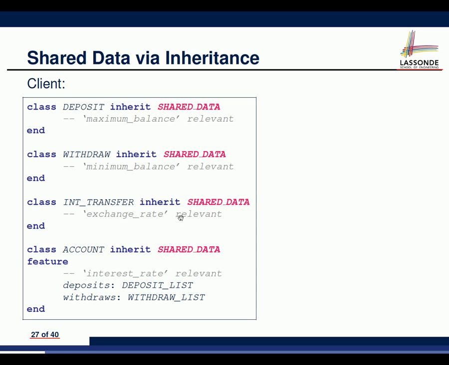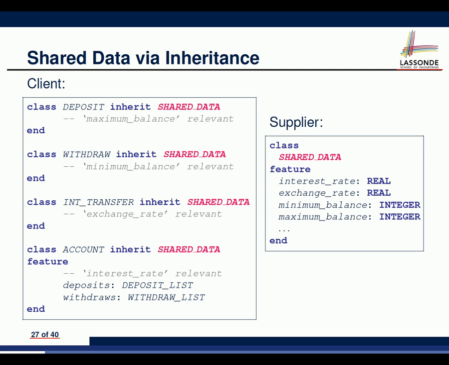And finally, let's say we also got an account class over here, which also inherits from shared data. And over here, interest rate might be what the account should really be relevant about. If you want to do some mortgage, you have to worry about the interest rate. Also, we got some deposit and withdrawals. Okay, that's about these various classes.